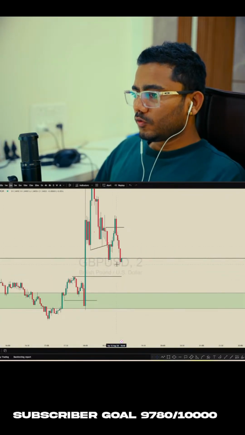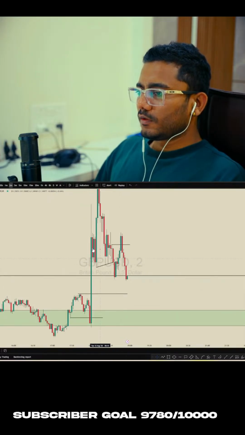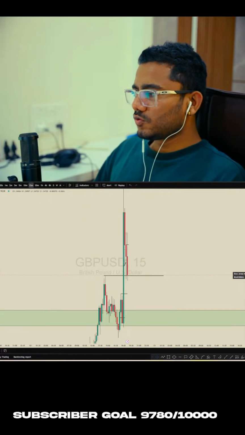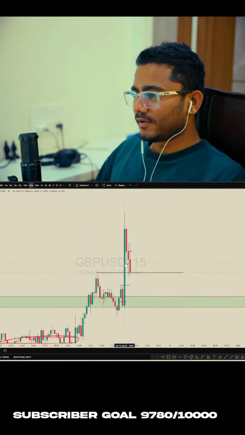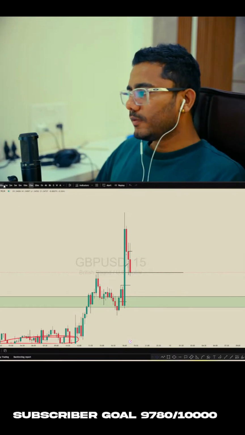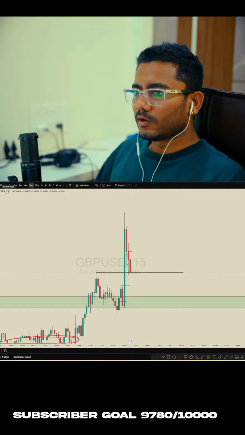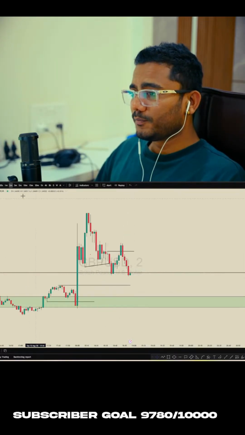Yeah, it can continue, because if you look at the 15 minute, it looks good. Price retested this high, but on the 1 minute it should give us some kind of confirmation. Then only the setup becomes valid.